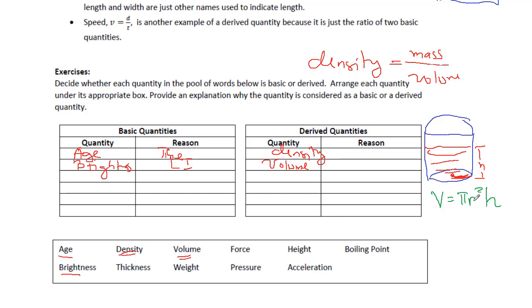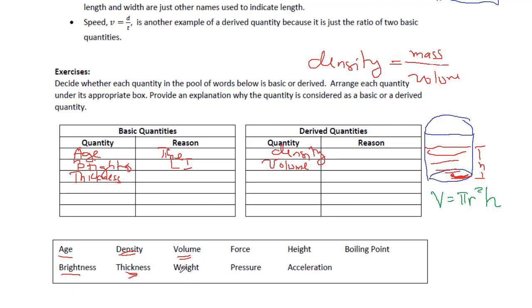You multiply radius by itself, which is length times length, and height is also length. So that's the reason why it's a derived quantity. Now we have thickness here. Surely this is a basic quantity because it's simply referring to length, the distance, how thick is like a book. So that is just length.